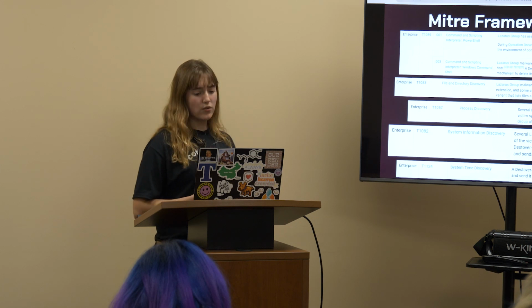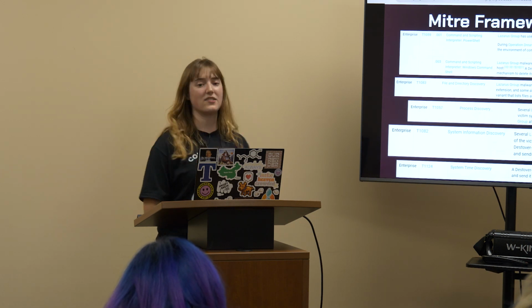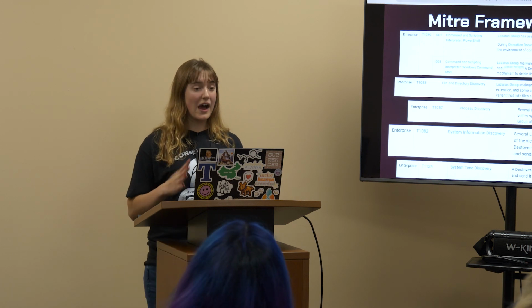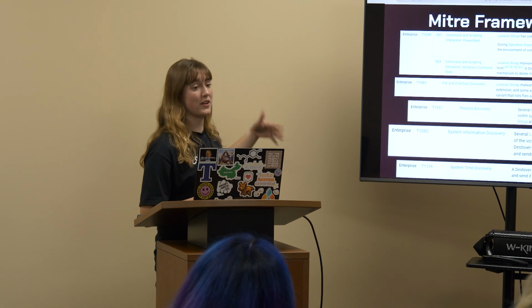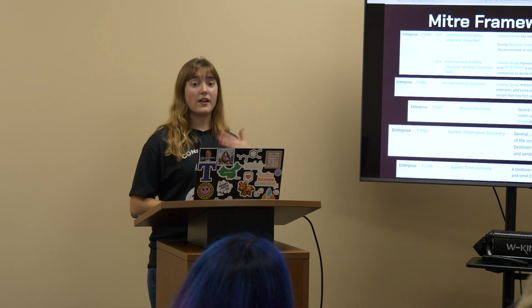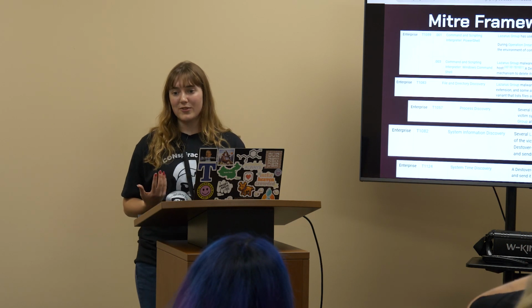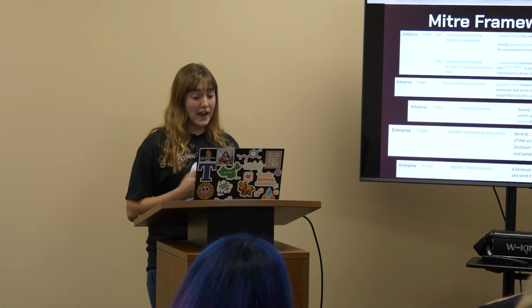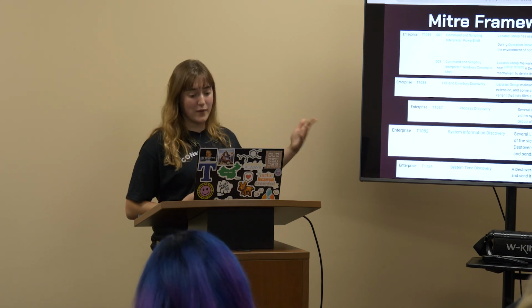However, MITRE had no record of Destover before the attack. So when it came to the case of the FBI, they could not use that. However, it is still essential for CTI analysts to use this as a first stepping stone because this can provide a lot of information on these TTPs. Unfortunately, the FBI had to do a lot of searching on their own, but now in the future, we know we can protect against these attacks because we have this information stored.